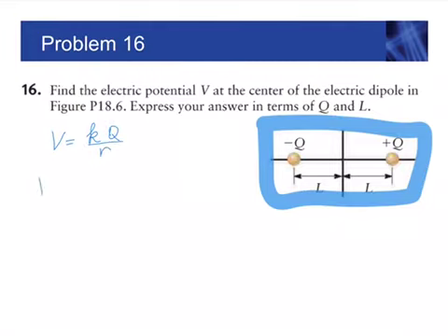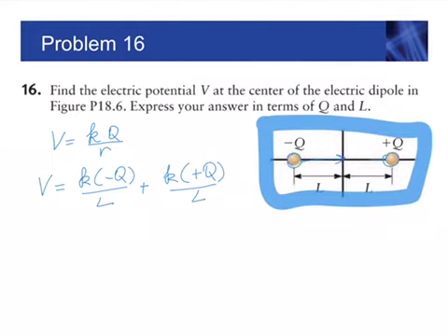So in the middle we would have V equals k negative Q over L plus k positive Q over L.